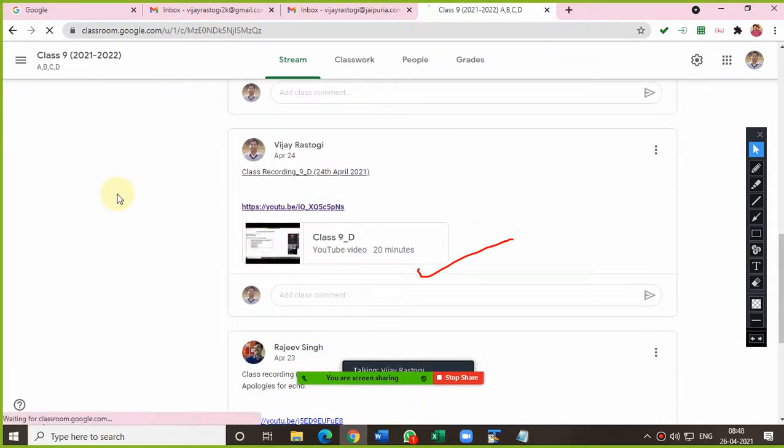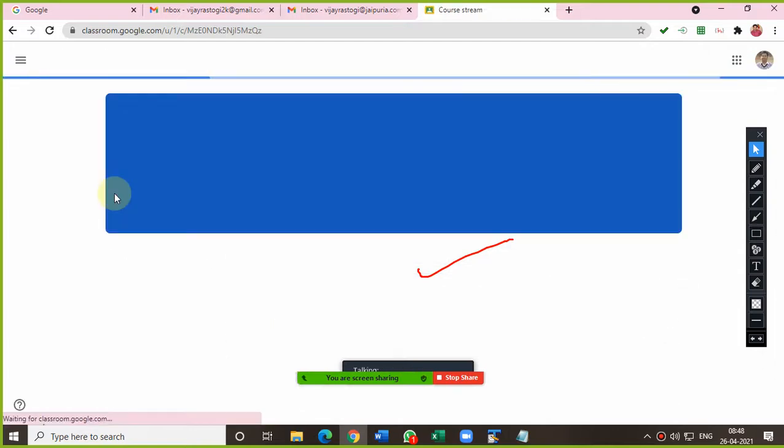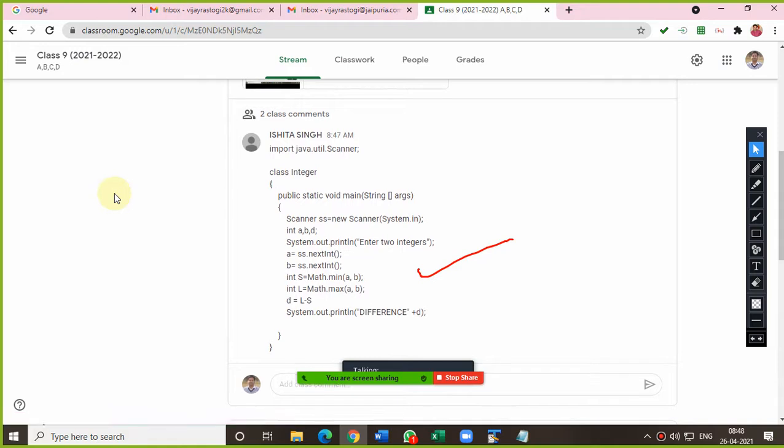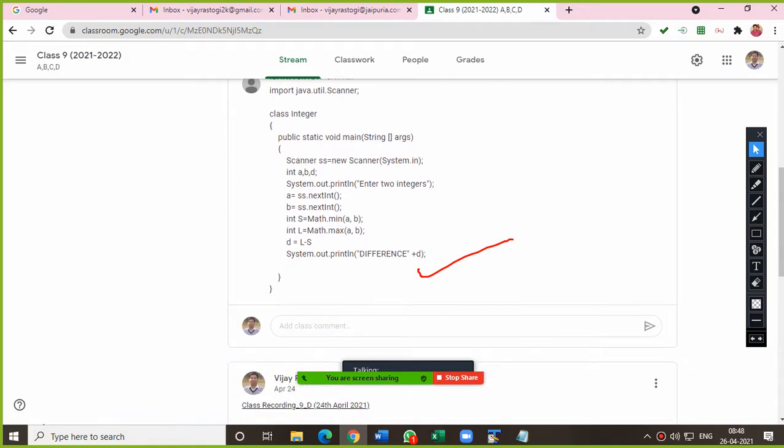Who else? Now, as you can see, the solution I am posting here. See, the class name integer is not correct. And before that, beta Ishita, you have written import java.util.Scanner.